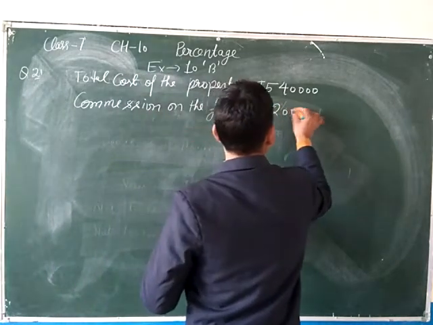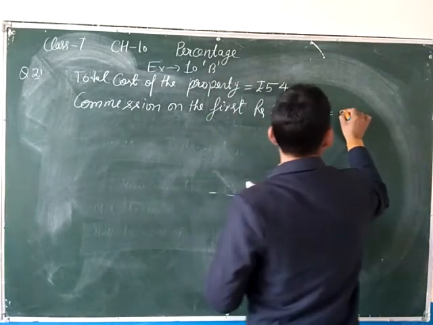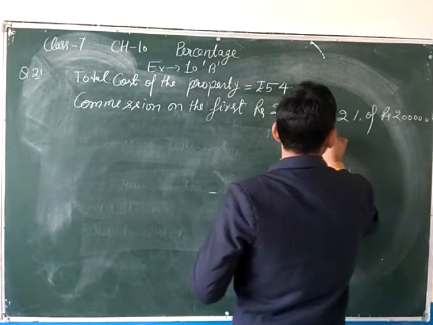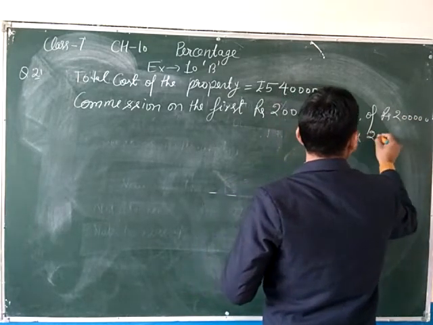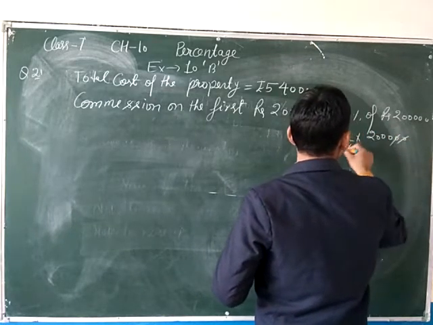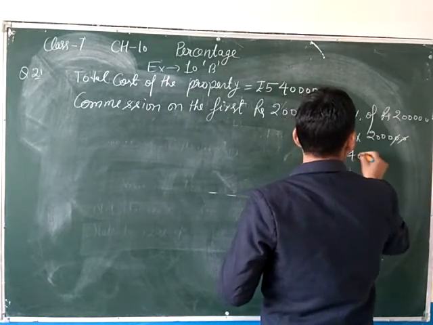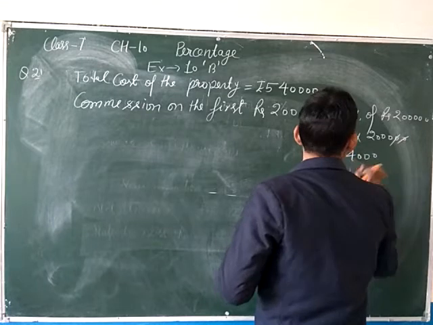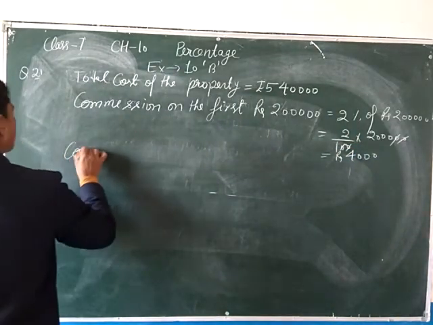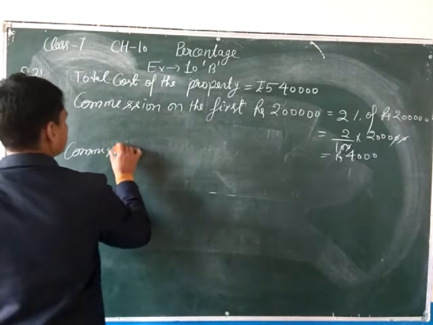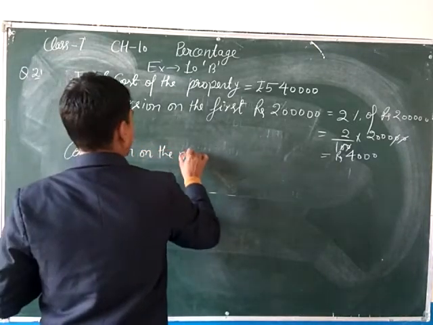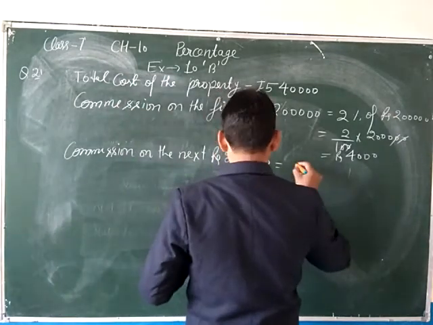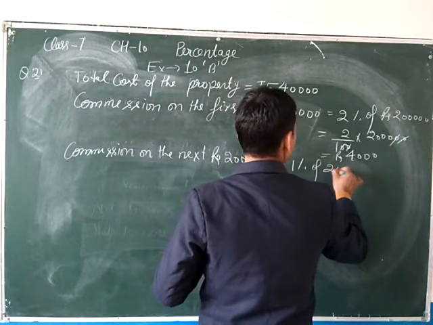Then commission on the next 2 lakh. How much? 1% of 2 lakh.